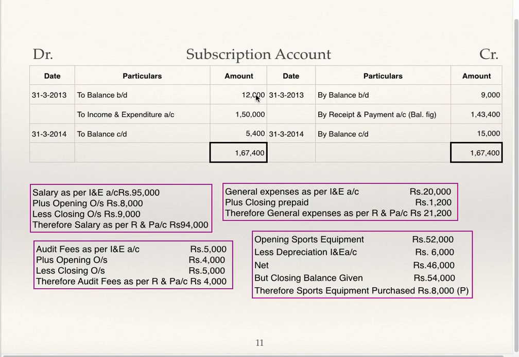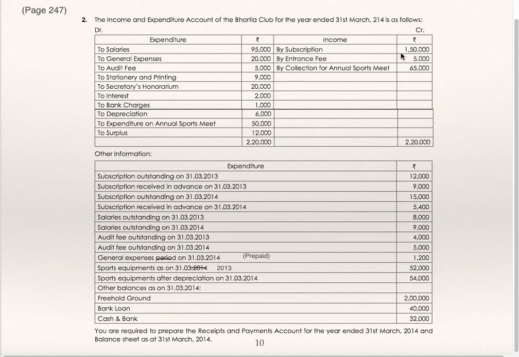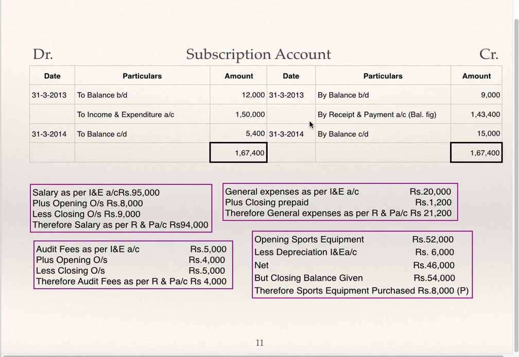Subscription account: opening outstanding, closing outstanding, opening received in advance, closing received in advance, subscription as per income and expenditure account 1,50,000. So this is the balancing figure which will go to the receipt and payment account, 143,400. Salary as per income and expenditure account is given.